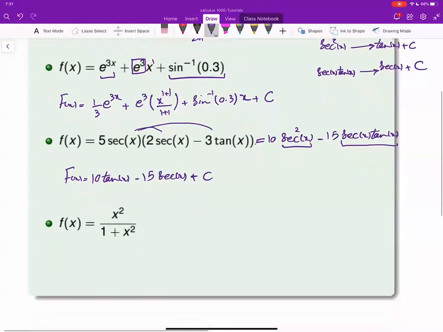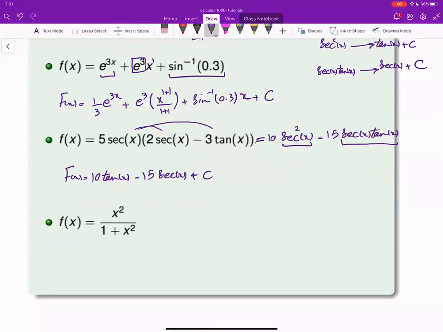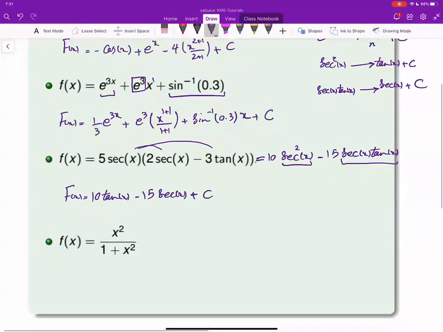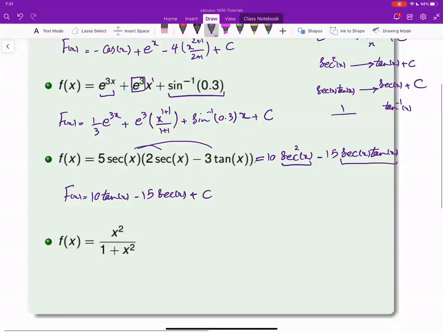What would we do with x squared over 1 plus x squared? Something that you should remember, the derivative of tan inverse x was 1 over 1 plus x squared.